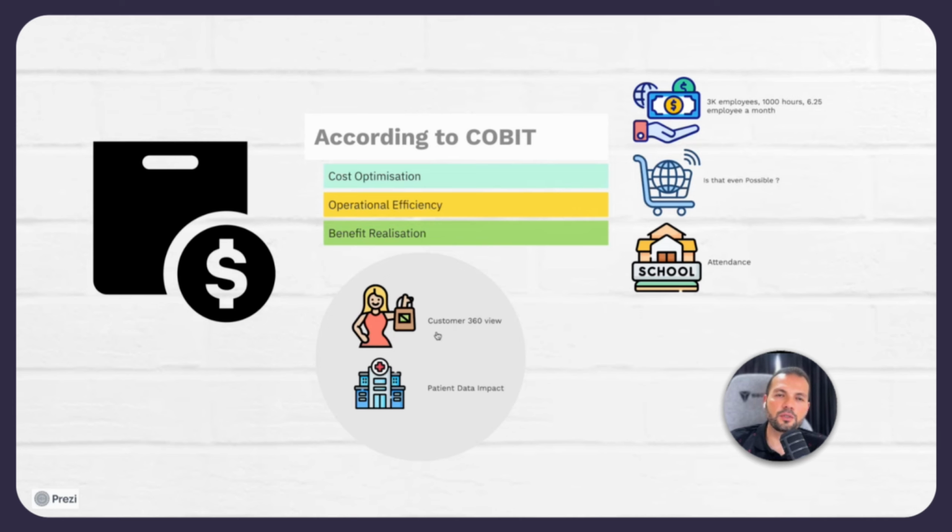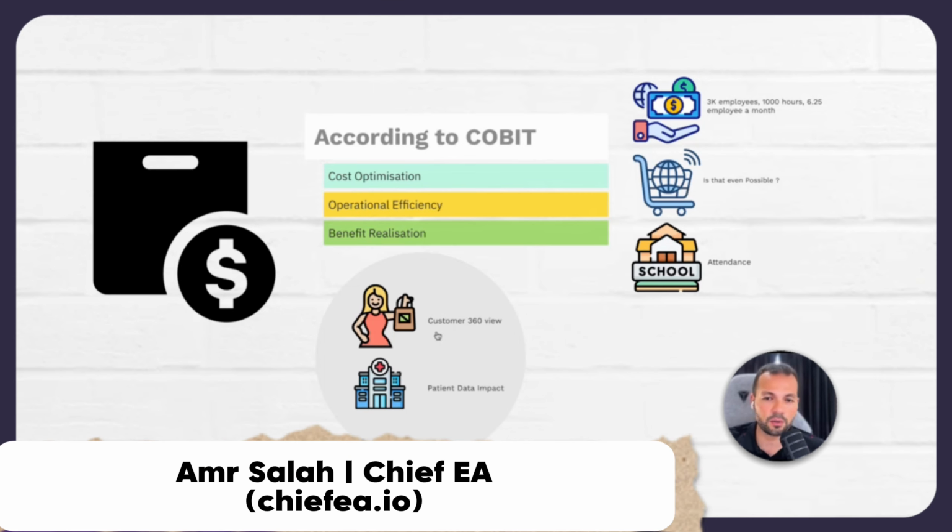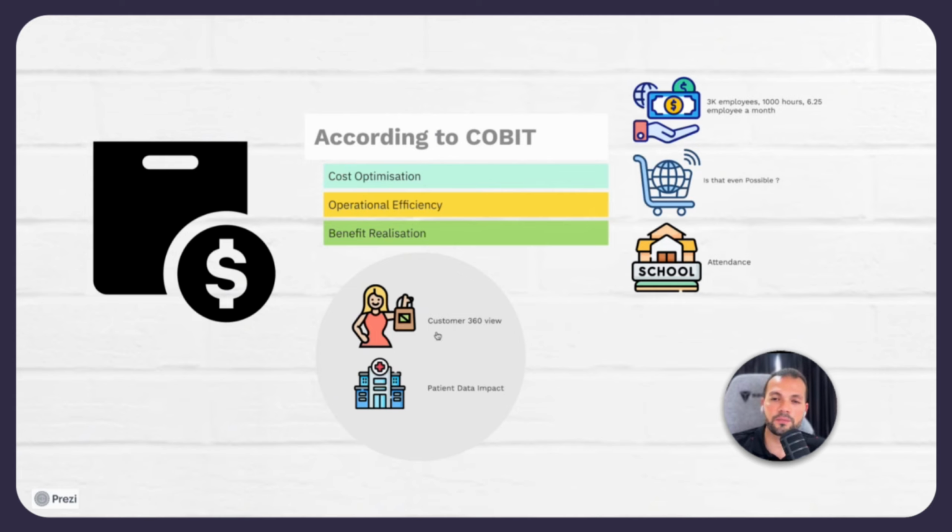One of the great use cases I have seen in the data field for the customer 360 view was Levi's. If you know Levi's, it's a clothing company. What they did is collect data from all the customers: where they are from, what the weather looks like in each of their countries, at which time of the year. They blended it all together in a machine learning model to propose the best treatment for each customer.